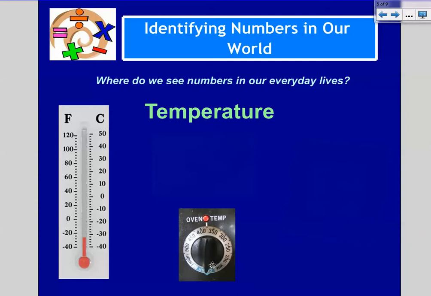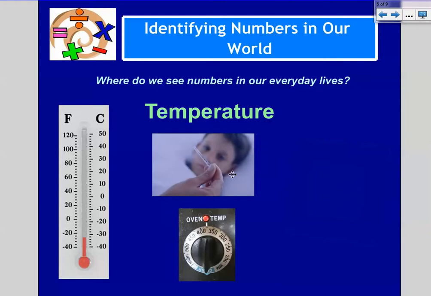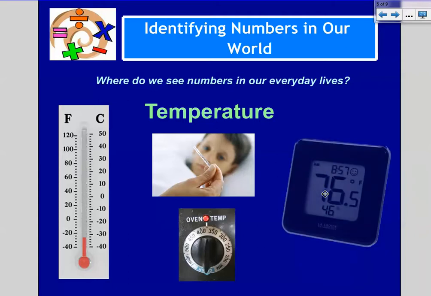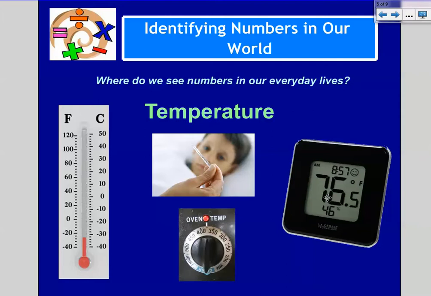We use a thermometer on an oven to let us know how hot the oven is when we're cooking. You may have even had your temperature taken with a thermometer when you were sick. This is an example of a digital thermometer that also lets us know how hot or cold it is.